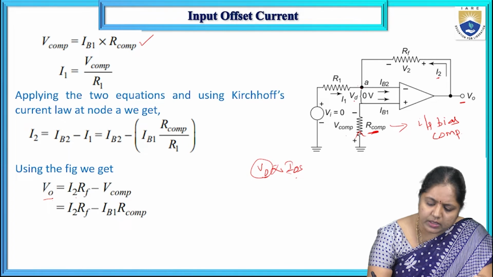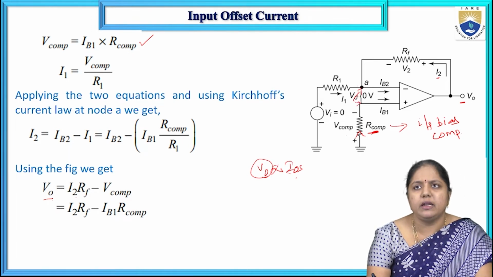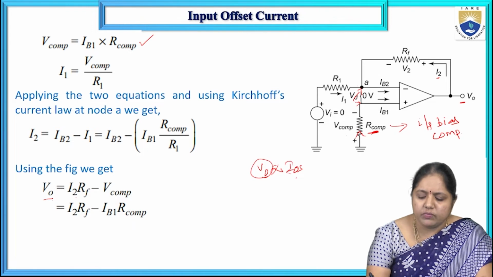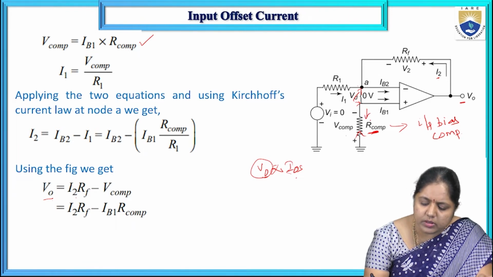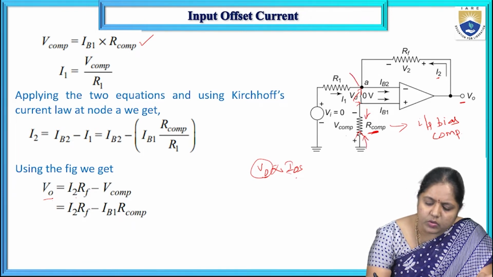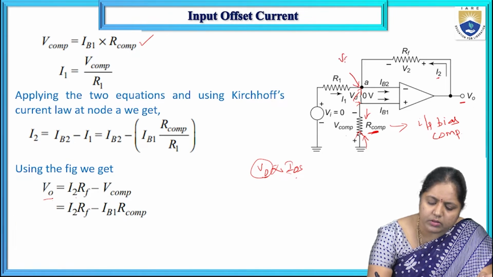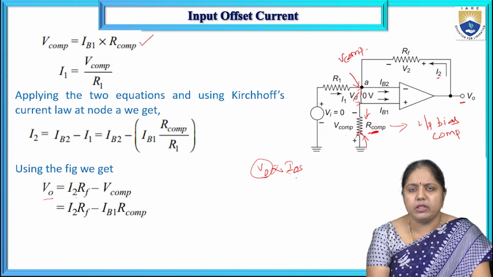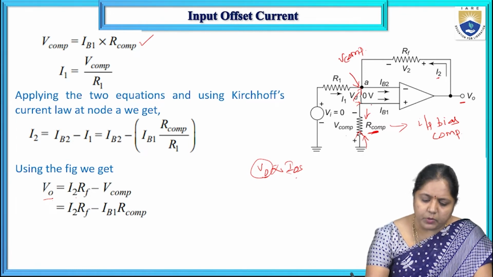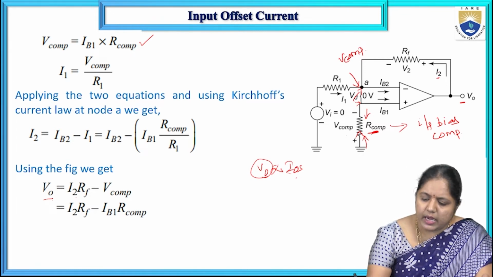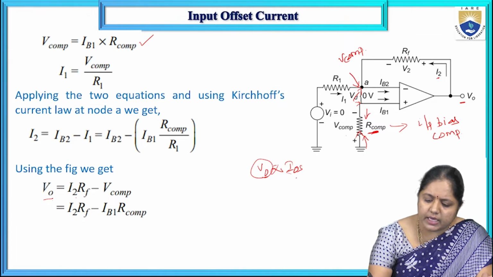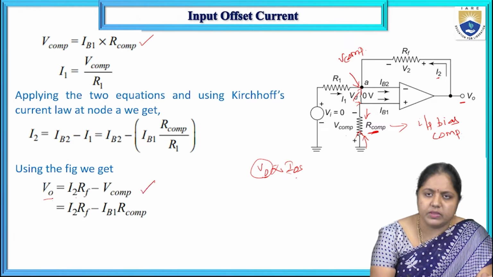The difference between the input voltages at the inverting and non-inverting terminals of the op-amp is 0. So if the voltage drop across this resistor is V comp, then the voltage at this point is also V comp. Based on that, V0 equals I2 into RF minus V comp.